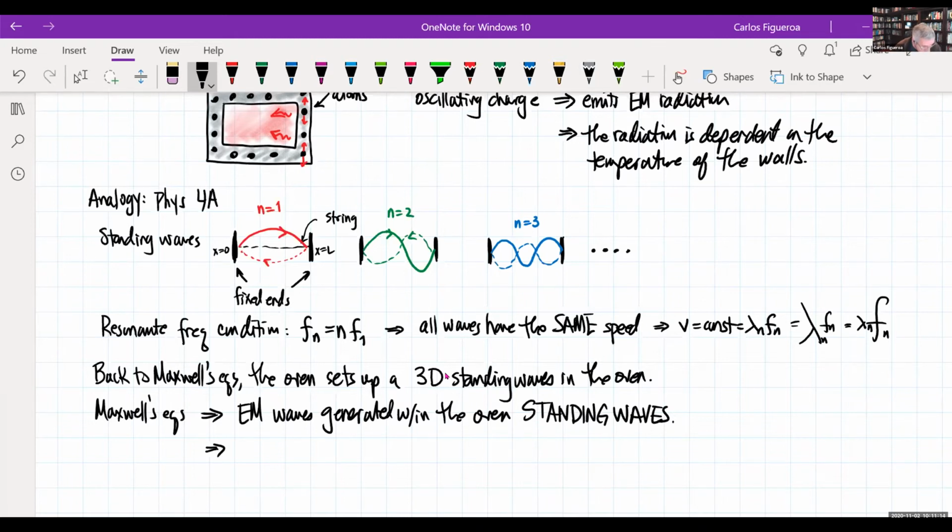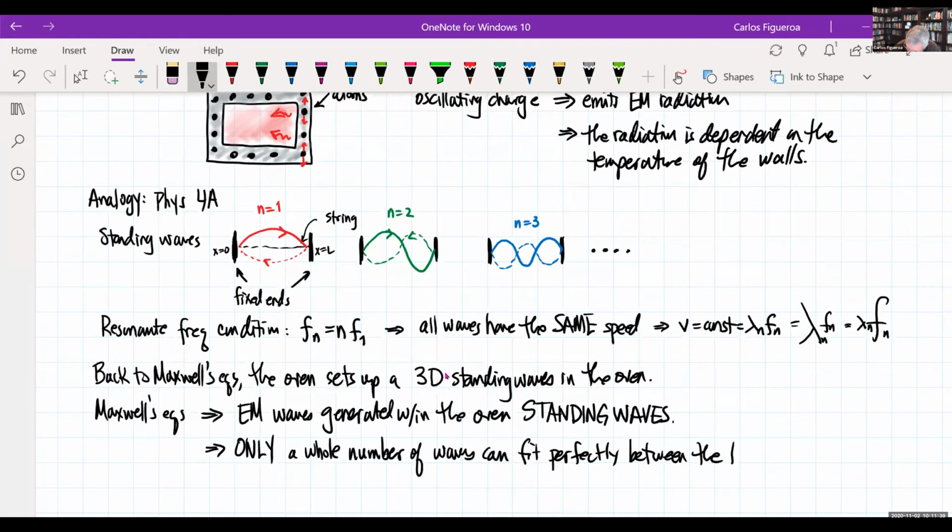What that means here is that only a whole number of waves can fit perfectly between the two walls of the oven.